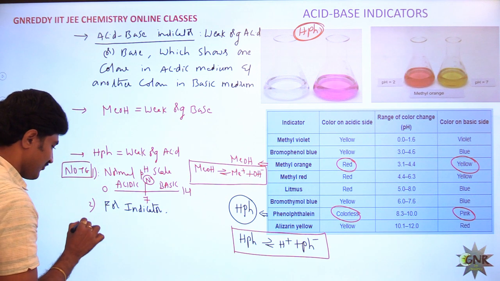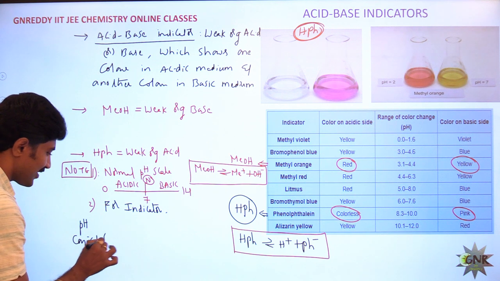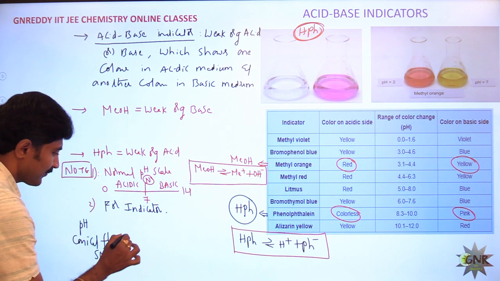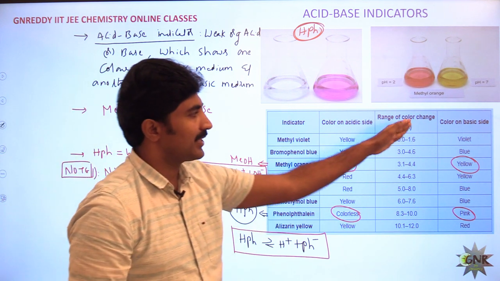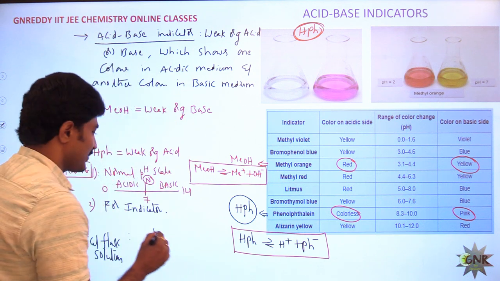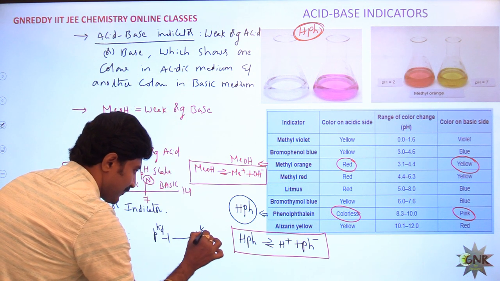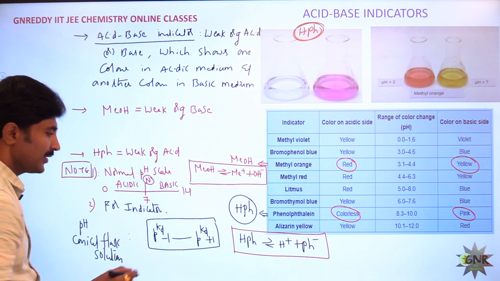The pH of the conical flask solution is in between. For every indicator there is some pH range, which is pKd minus 1 to pKd plus 1. This is nothing but the pH range of the indicator.